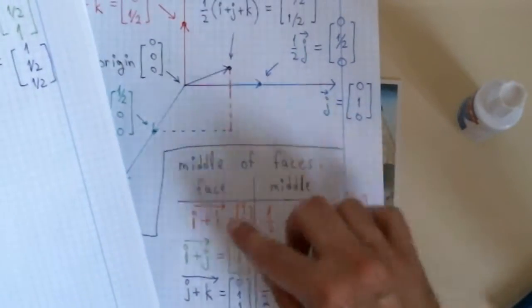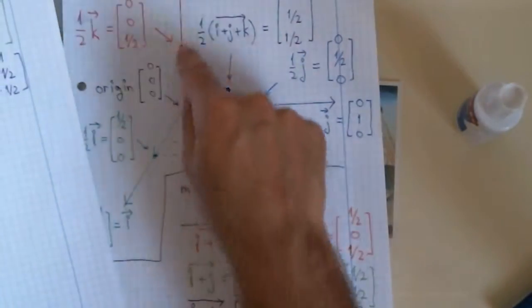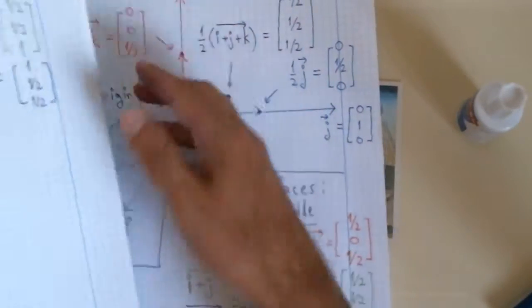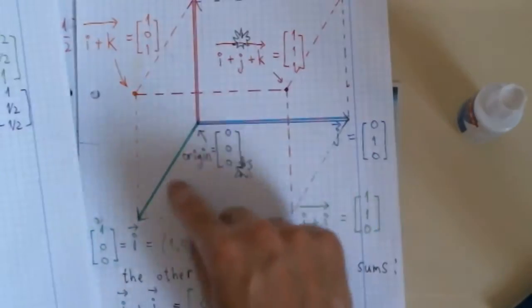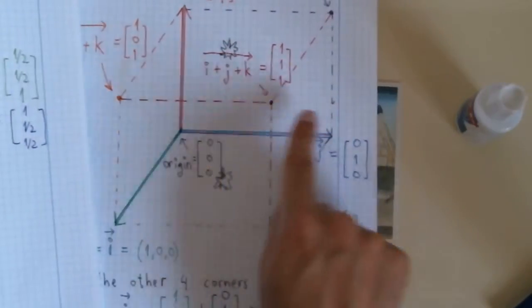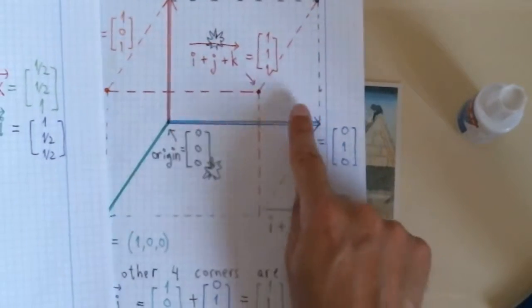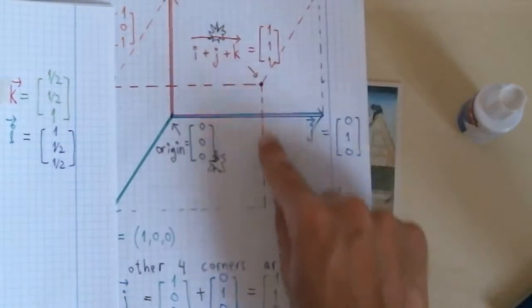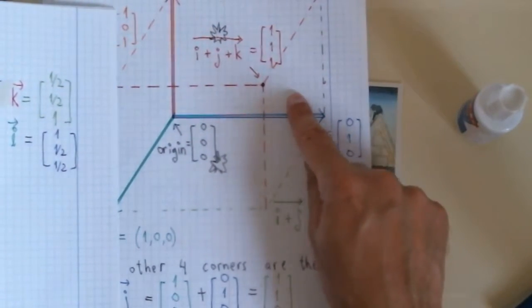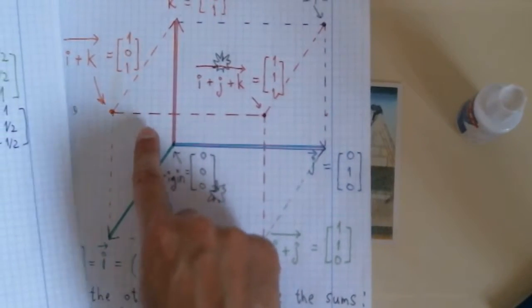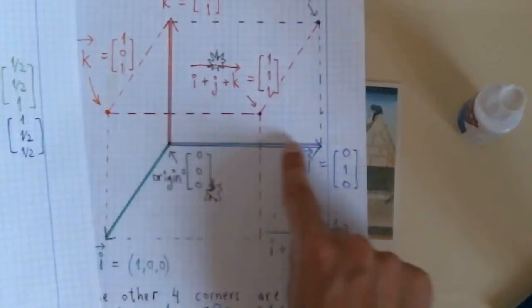Let's make the last one, the orange one. It is the face on the left side, the orange one, which we called i plus k, and now we want to go along j and get to the center of the opposite face, the right face. So it's half of i plus k, the center, plus a whole j, going all the way to the right.